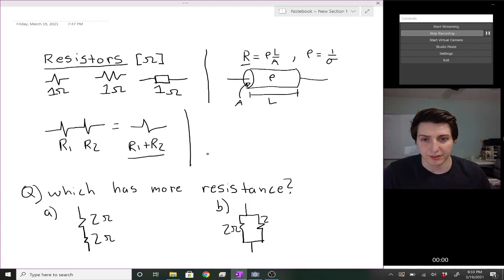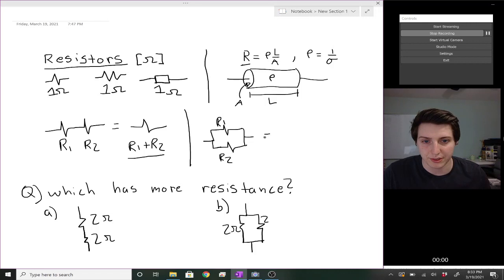We also have something called putting resistors in parallel, which is when you have two resistors that are parallel to each other, but they are connected on the same node. So you could have R1 here and R2 here.